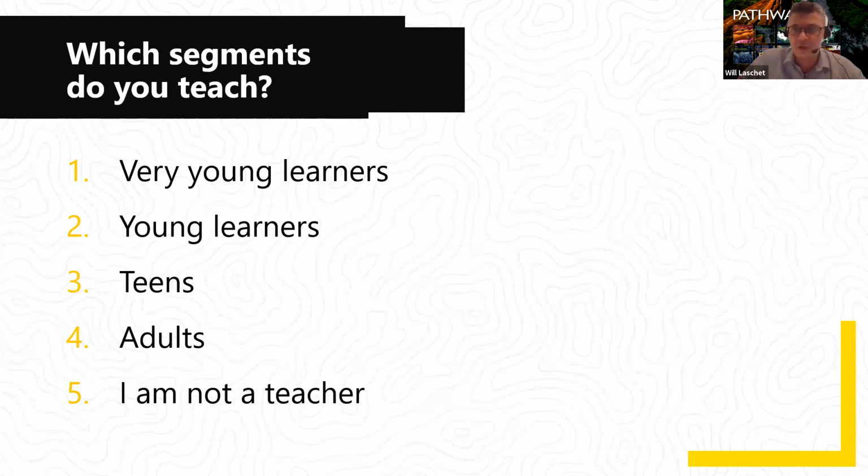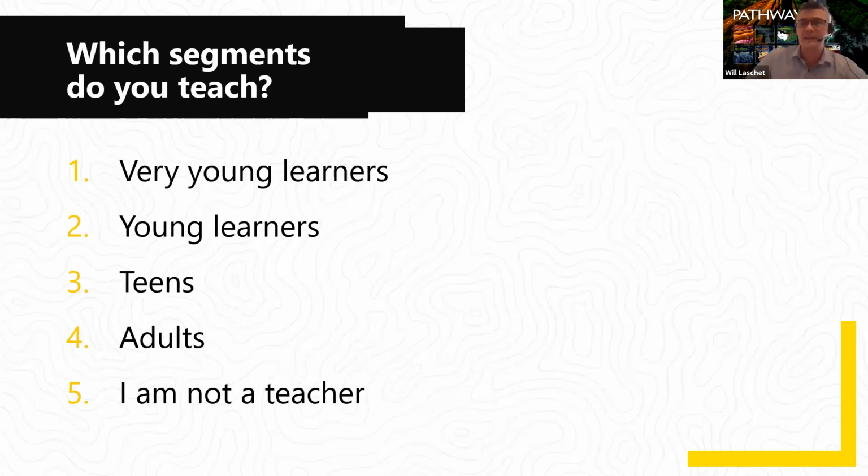Let's have a look at the results. I'm going to read them out because if you're on Facebook, you won't be able to see them. We've got 47% of you, so roughly half of you, teaching teens and adults, exactly the same percentage. 8% of you are not teachers, just a few of you are teaching very young learners, and 26% teaching young learners.